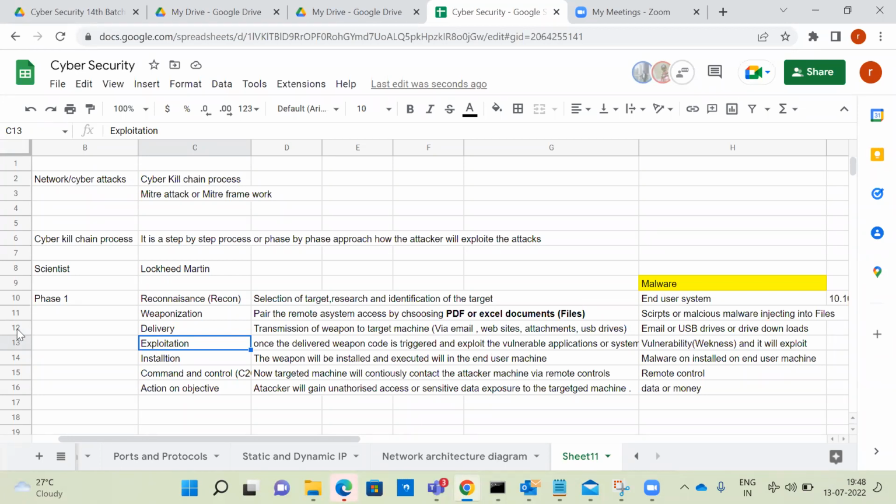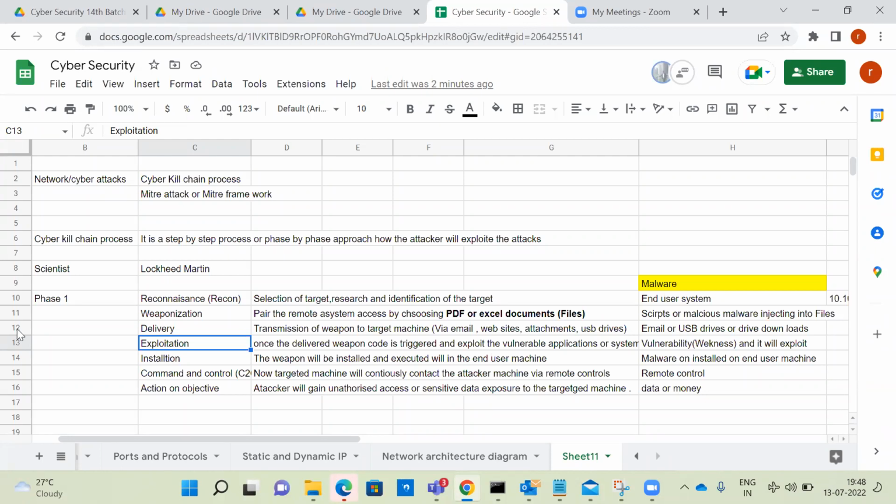Finally, the malware installed on the end user machine will keep communicating with the command and control server, that is, the attacker server. Finally, the attacker will ask for either data or money. If you don't pay, he will delete those files or data. So this is called the cyber kill chain process. It is a very important topic.